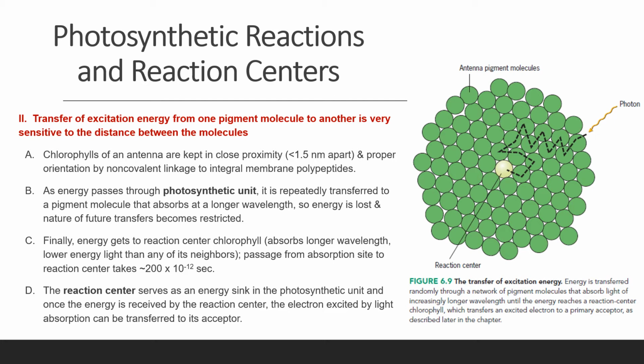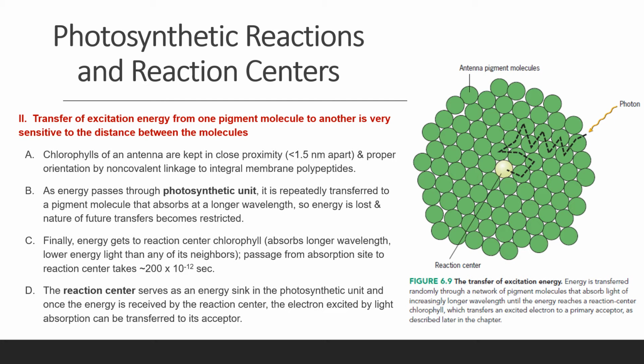Okay, so chlorophylls of antenna are kept in close proximity, less than 1 nanometer apart, and in proper orientation by non-covalent linkage to integral membrane polypeptides. So this is very important, that these antenna are very, very close with each other.